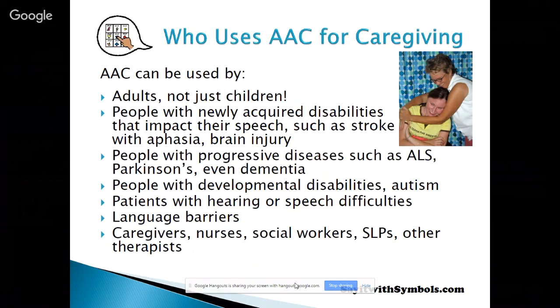So SLPs and OTs play a very important role in helping patients regain their speech skills. What I'm talking about today is just having augmentative communication available to help people communicate their needs. I'm not trying to teach them to regain speech, just make their needs known.